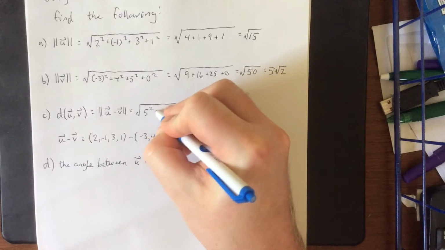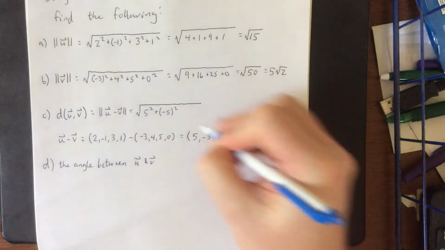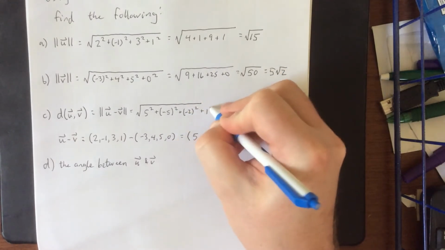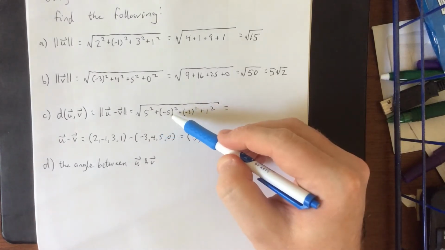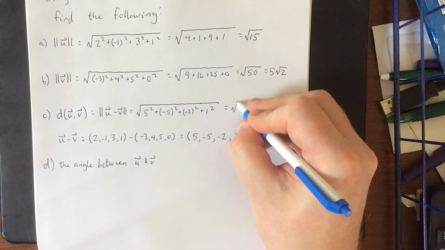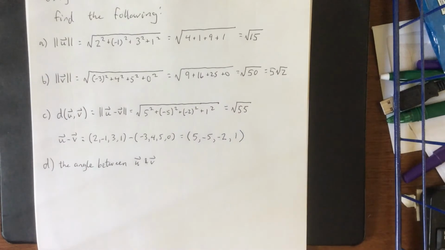So 5 squared plus -5 squared plus -2 squared plus 1 squared. So I'm seeing 25 plus 25, which is 50, plus 4, which is 54, plus 1, which is 55. So the distance between these two vectors will be the square root of 55.